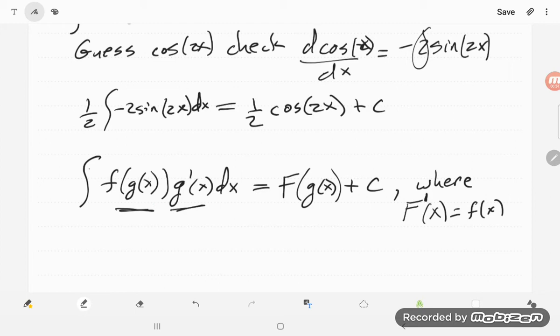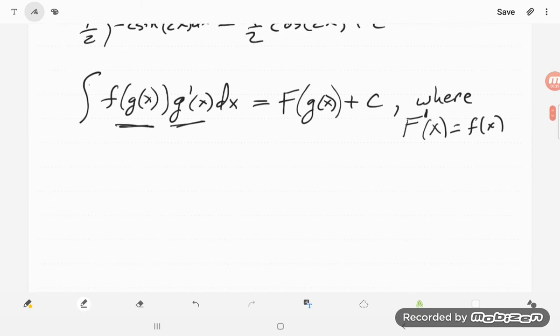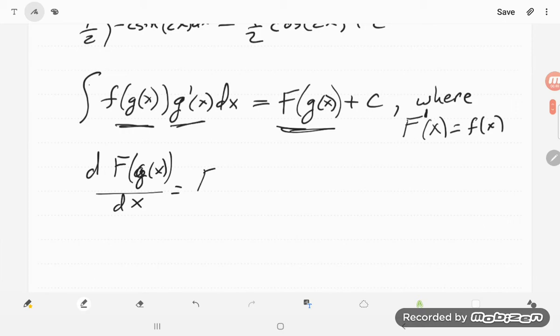And this would be the way that the chain rule would work: if I wanted to take the derivative of this function here, uppercase F of g of x, the derivative of F of g of x with respect to x by the chain rule is F prime of g of x and then g prime of x.